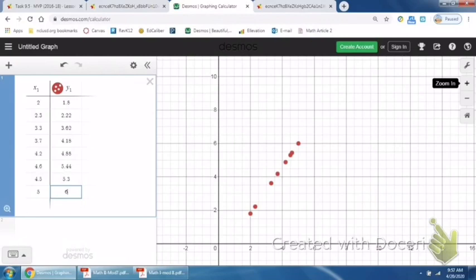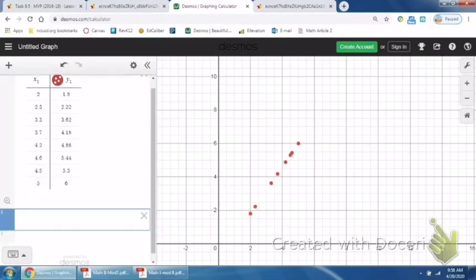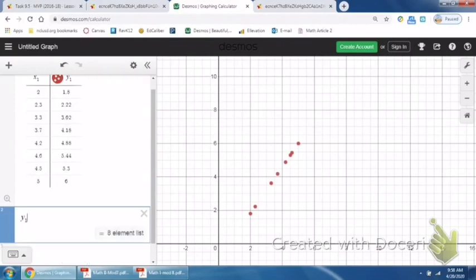So what we're trying to figure out with the correlation coefficient is how these points are related. In other words, how sure are we that we would know where to put the next point in the pattern? To figure that out, we're going to make a new space in Desmos and type in y1 and then the tilde sign.